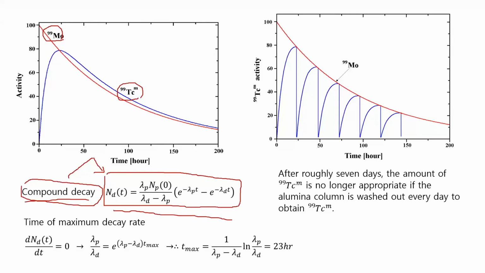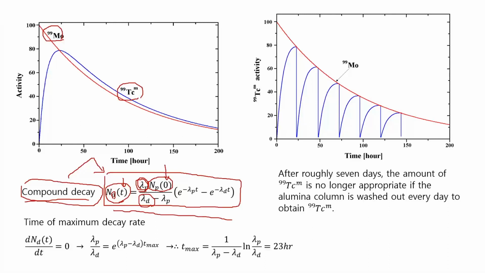Here, N_D represents the number of daughter radionuclides at a certain time t, N_P0 represents the initial number of parent nuclides at t equals 0, lambda_p is the decay constant of the parent nuclide, and lambda_d is the decay constant of the daughter nuclide.